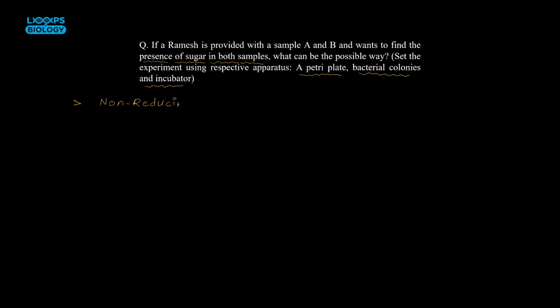Non-reducing and reducing sugars can be differentiated using Benedict's solution, which contains copper ions.